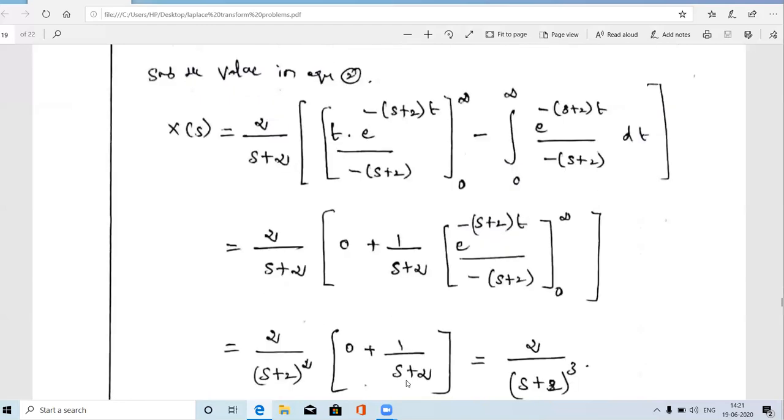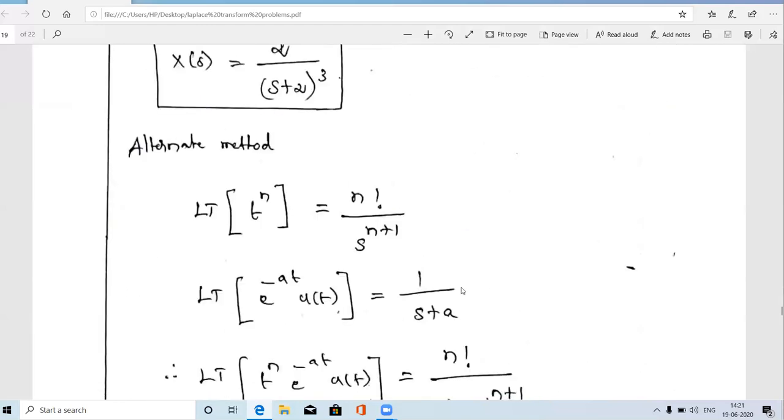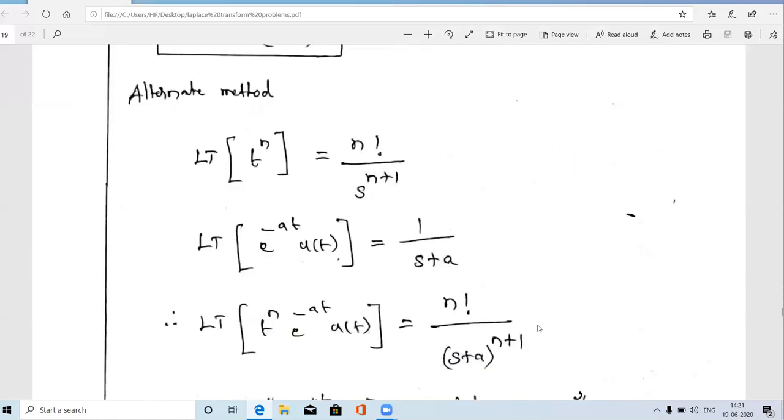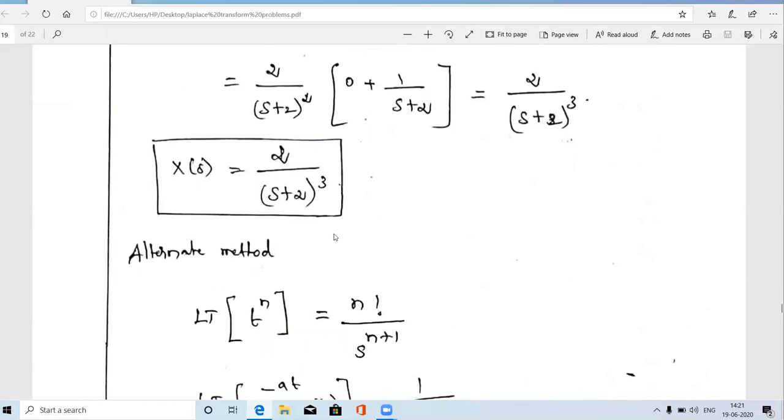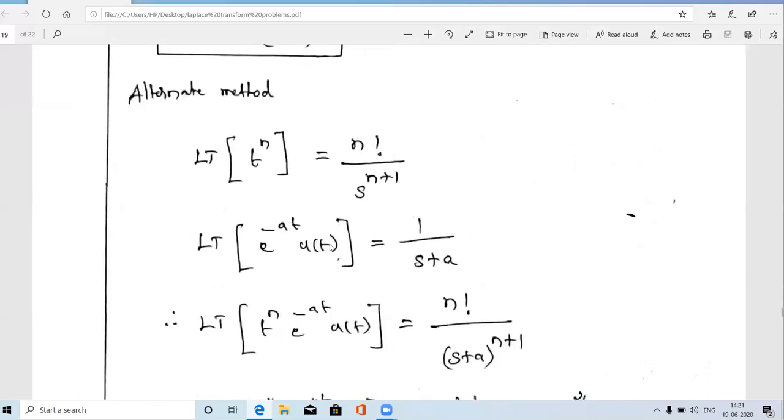So this problem we may solve using the standard answers. In a simpler method, using the Laplace transform property, we solve this problem and get the same answer. You know that the Laplace transform of the ramp signal, that is t power n, is n factorial divided by s to the power n plus 1.